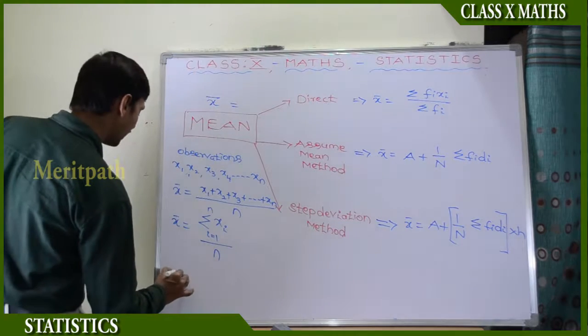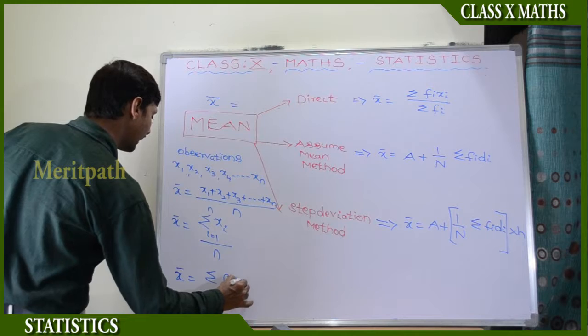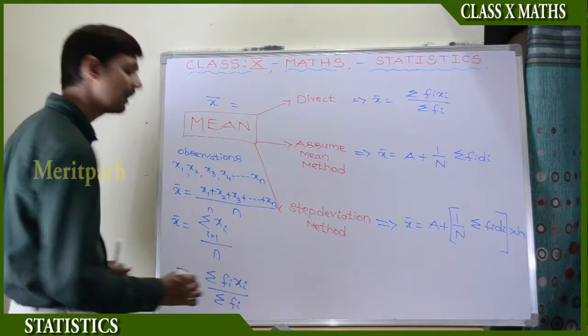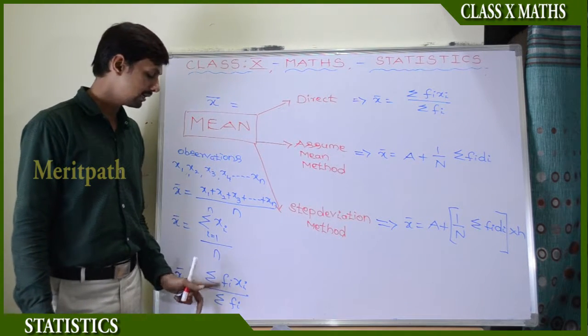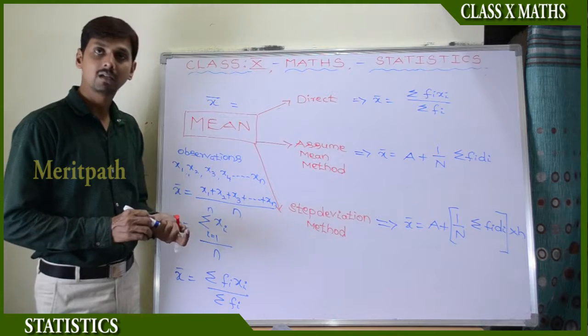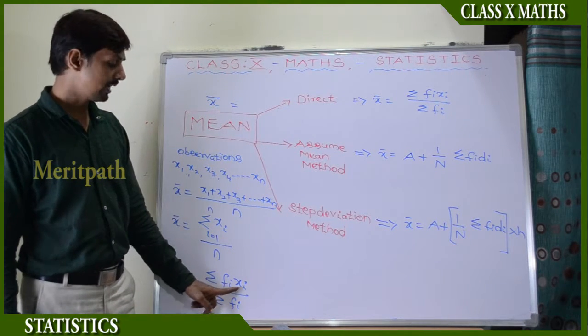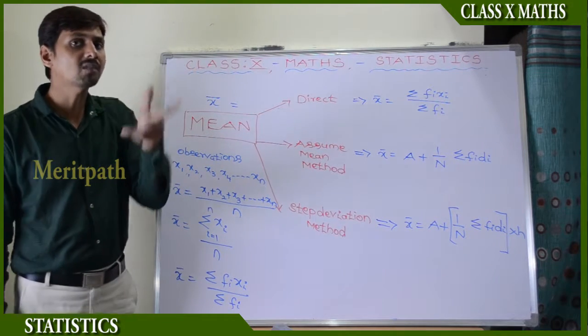So sigma, in that manner we'll write sigma fi xi divided by sigma fi. Sigma fi is nothing but small n, how many times the observation is repeated.